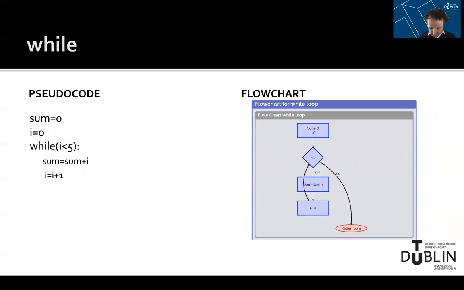So how do we think of that as a flowchart? Set it up. We immediately hit our decision. If I is less than 5, then you go down and back up. And until it changes, you keep doing this loop around and around and around, and then you return your answer.